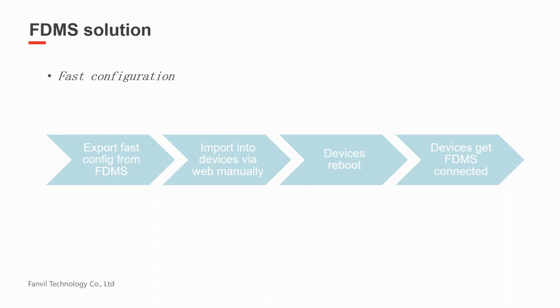After the device reboots or reinitiates, it will get the FDMS TR069 connection, and then the FDMS will display the device information and status. Then you can continue maintenance and management for this device. Later, I will show you the most basic operation with our phones and FDMS.